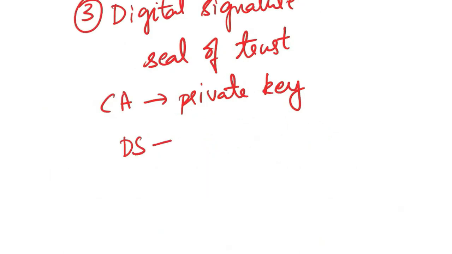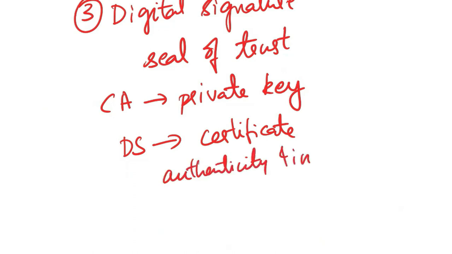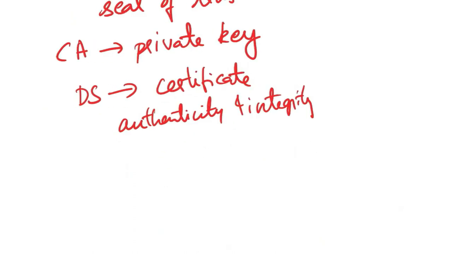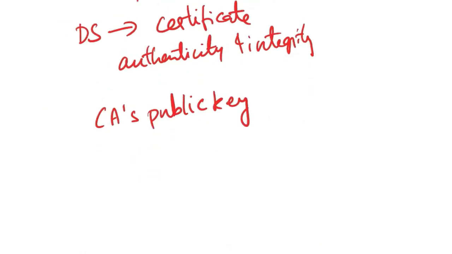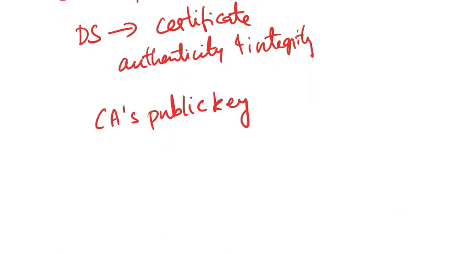The digital signature is applied to the certificate, ensuring its authenticity and integrity. When someone receives this certificate, they can use CA's public key to verify the signature, and if the verification is successful, it means the certificate has not been tampered with and that it was issued by the trusted CA.